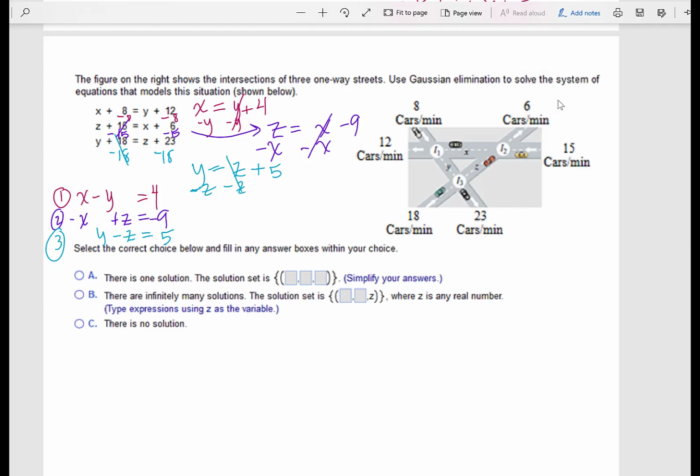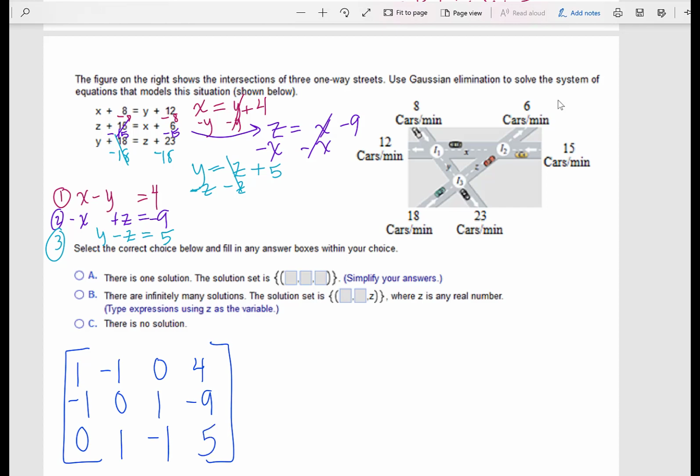So when I go to write this in my matrix, I'm going to go ahead and take my coefficients. So I have, in my first equation, 1x minus 1y, there's no z, equals 4. Then I have negative 1x, there's no y, plus 1z equals negative 9. Then I have no x in my third equation, plus 1y minus 1z equals 5. Okay, let's go ahead and plug that into the calculator.